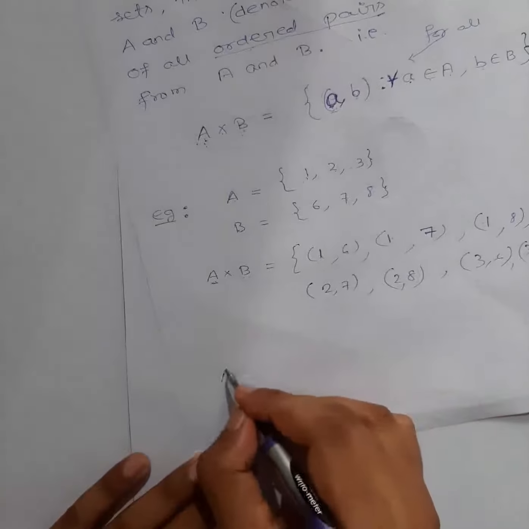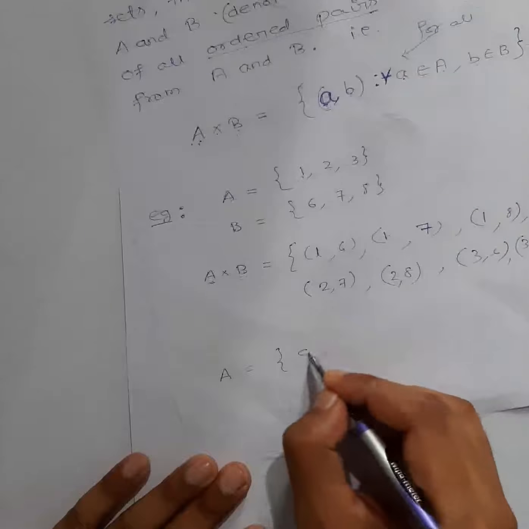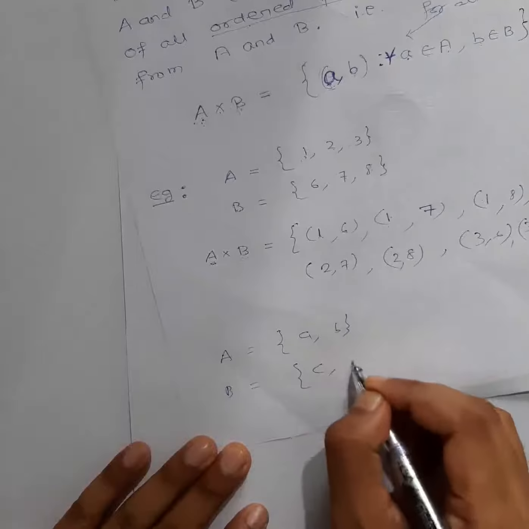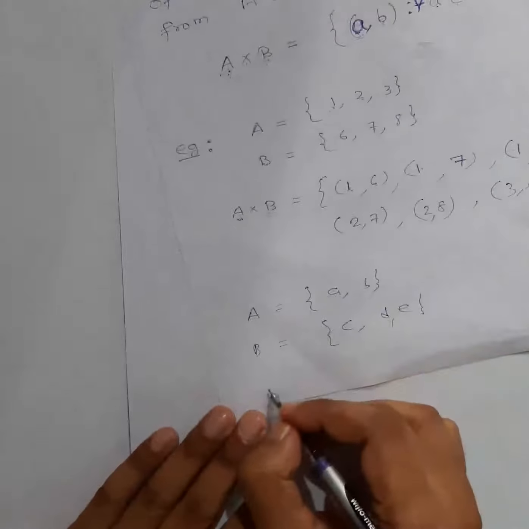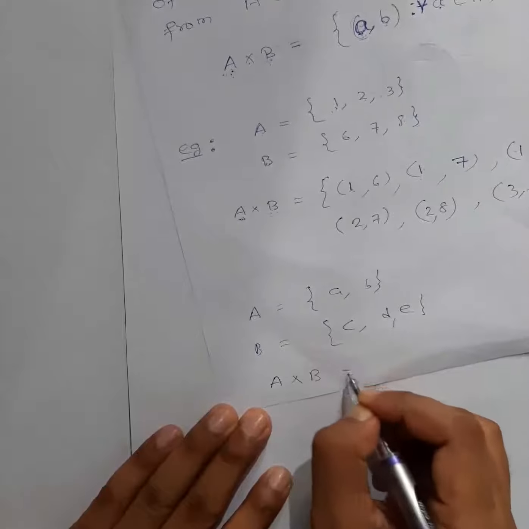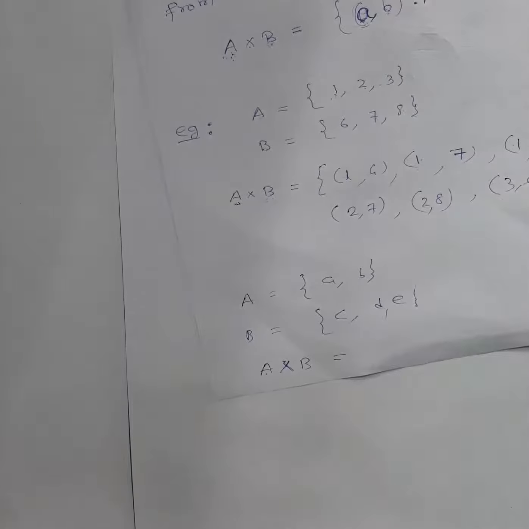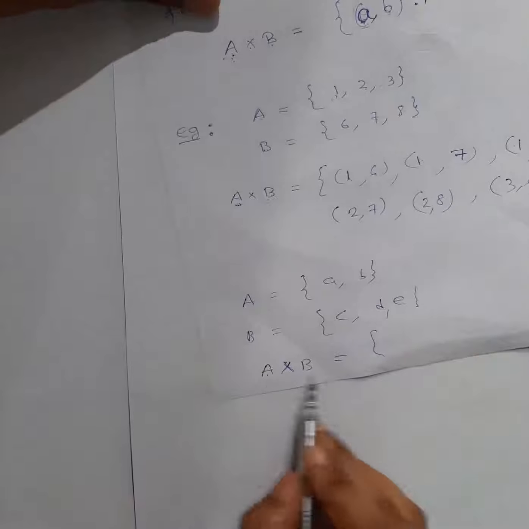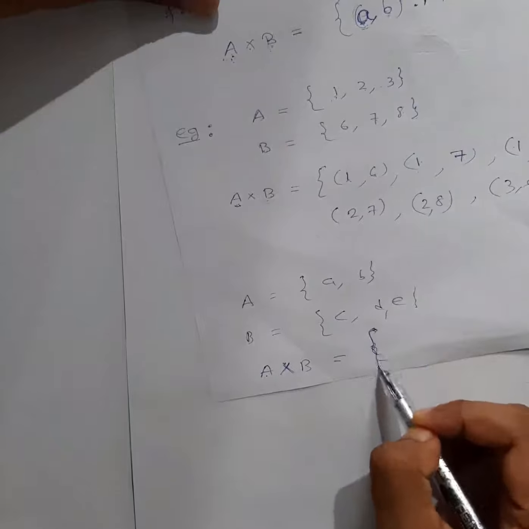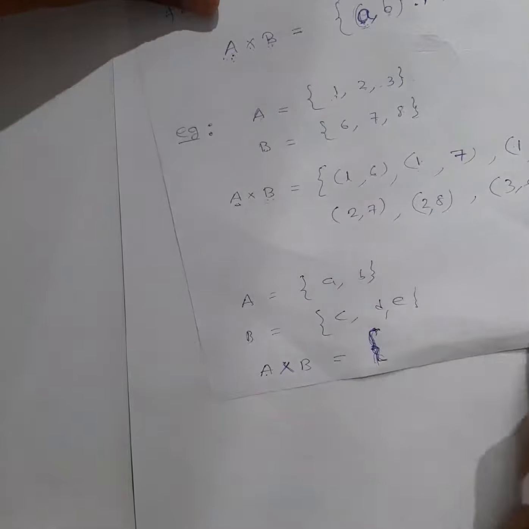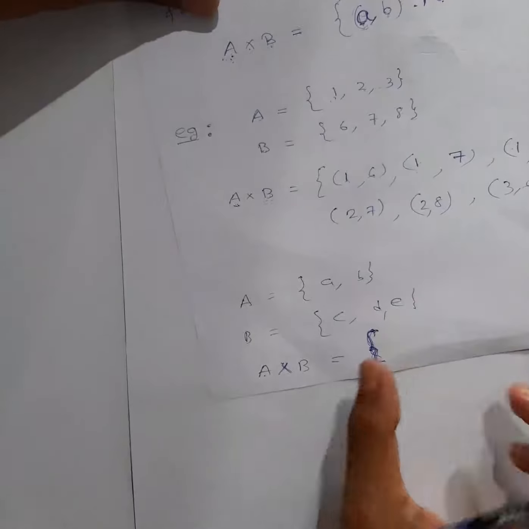Let me take another example. A, B, suppose B you have the set C, D, E. So what is the Cartesian product of A, B? How will I write it? The Cartesian product of A and B is denoted by A cross B, right? And what is the Cartesian product A cross B? It's nothing but a set in which the elements are ordered pairs.